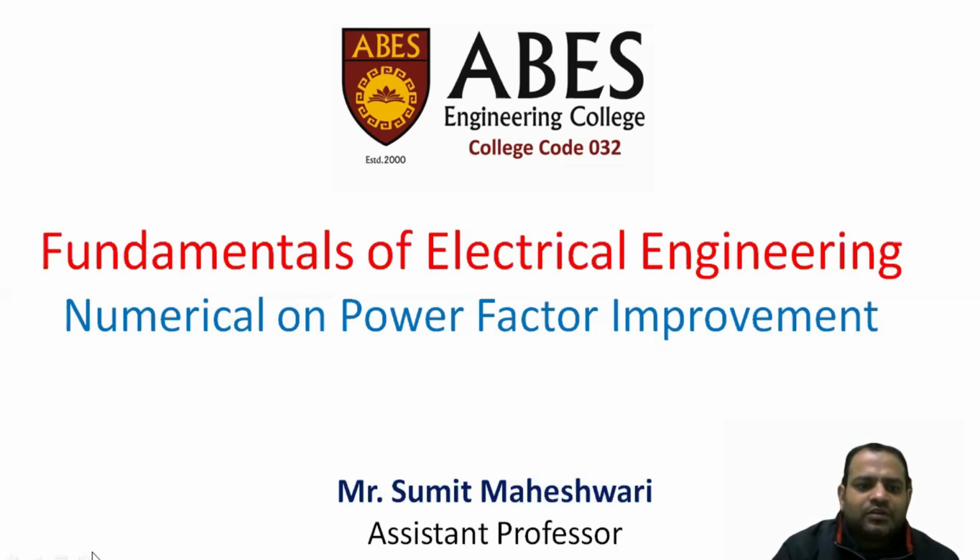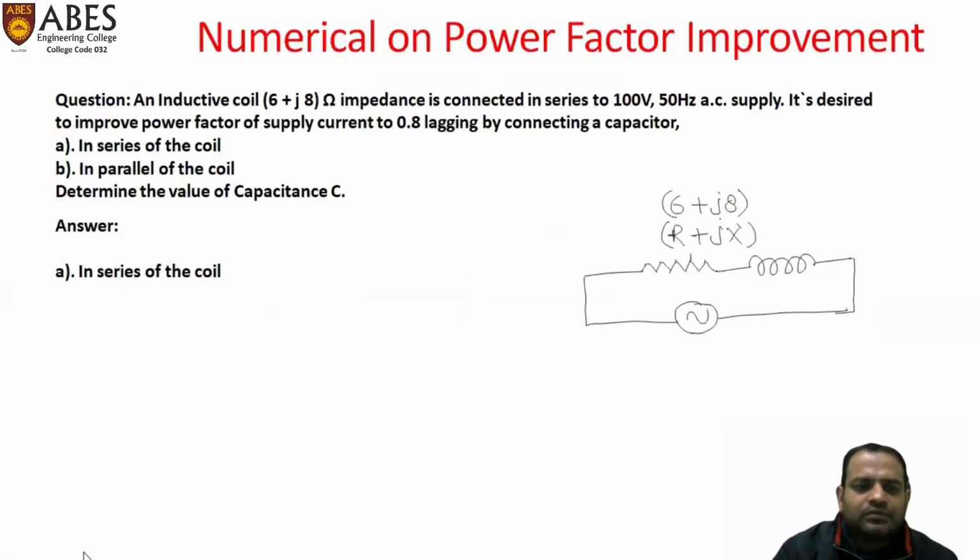So this is the numerical. An inductive coil of 6 plus j8 ohm impedance is connected in series to a 100 volt 50 Hz AC supply. It is desired to improve the power factor of the supply current, which is unknown, so that the power factor becomes 0.8 lagging by connecting a capacitor.